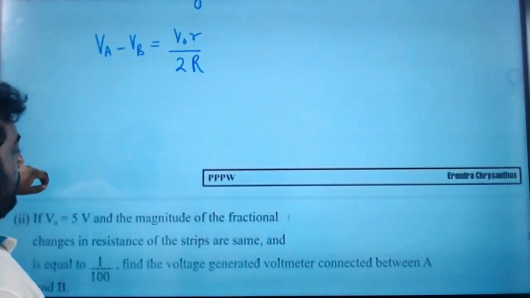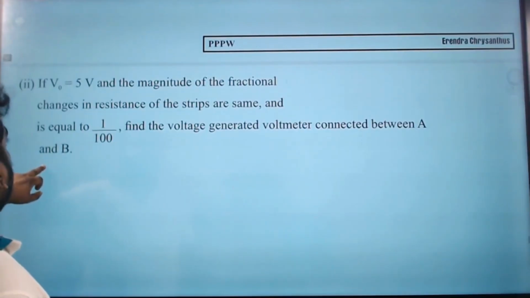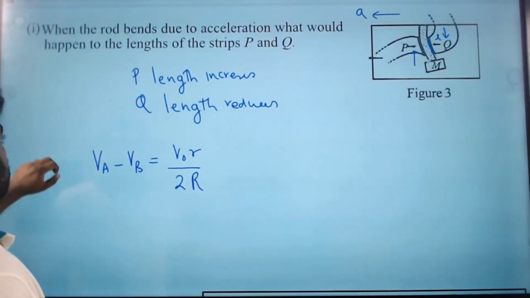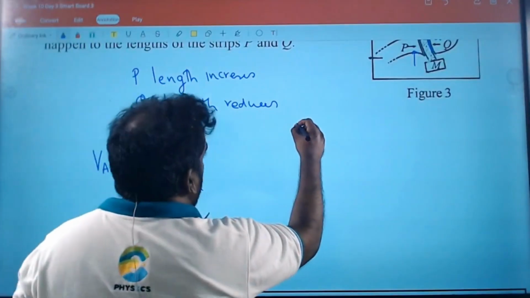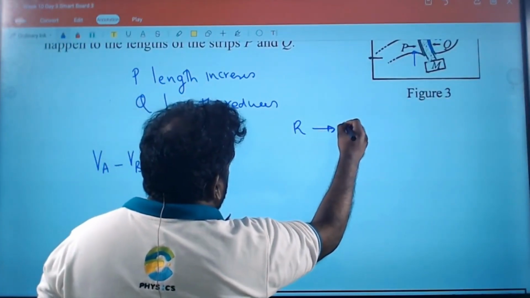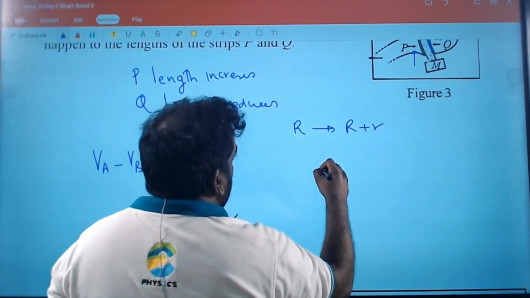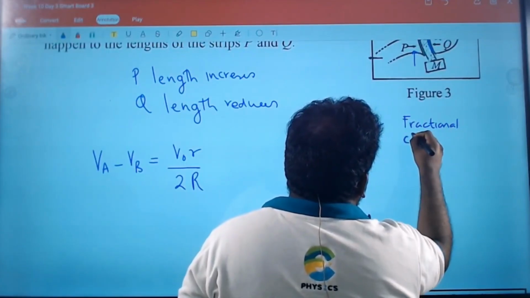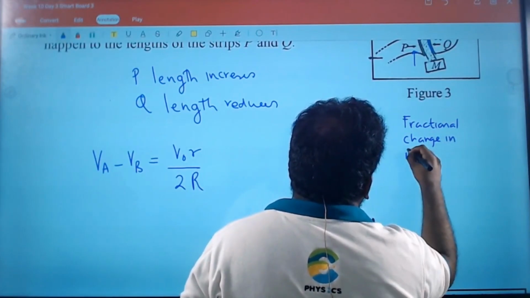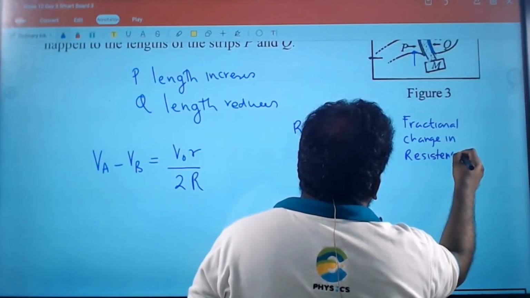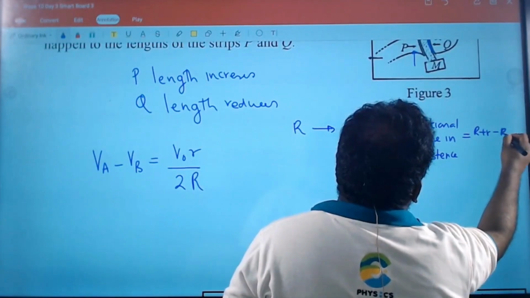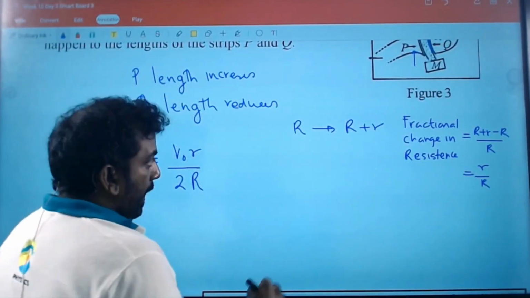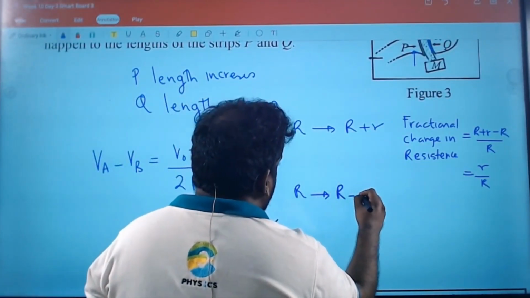What are they saying? Fractional change in resistance. Now, one resistance was initially R, became R plus ΔR. So, fractional change in resistance is the change in resistance over initial, ΔR over capital R. Another resistance was R, became R minus ΔR.